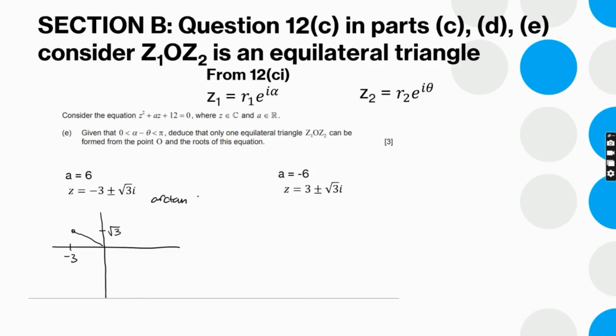Arctan of root 3 over 3 gives you pi over 6, so the basic angle is pi over 6, and this angle here will be 5 pi over 6. Then the other root, minus 3 minus root 3 i, you get this. Let me use a different color. The angle here will be 7 pi over 6.